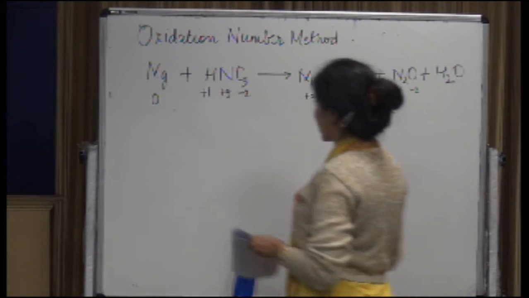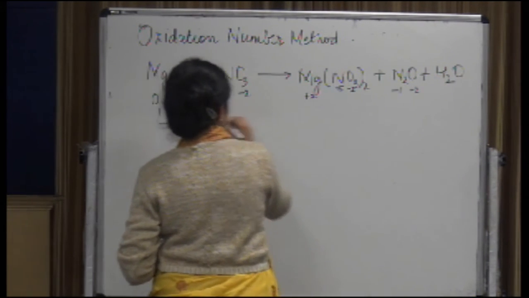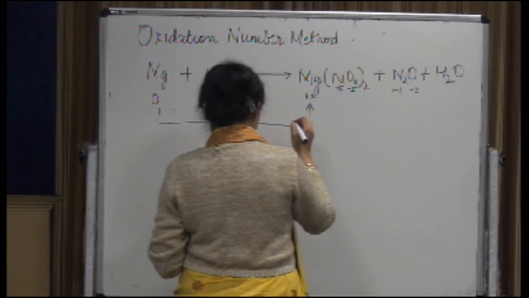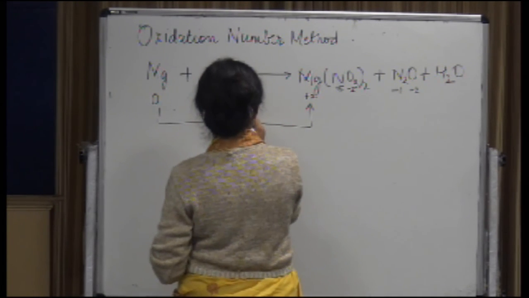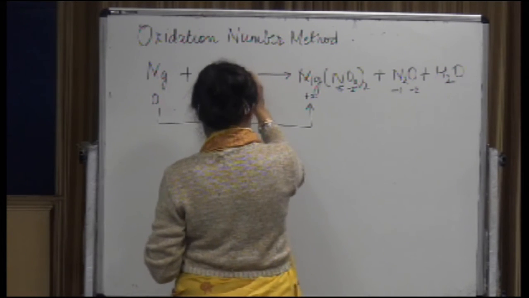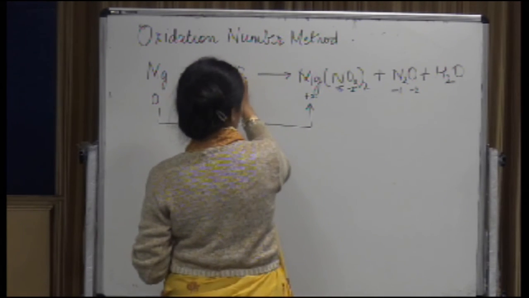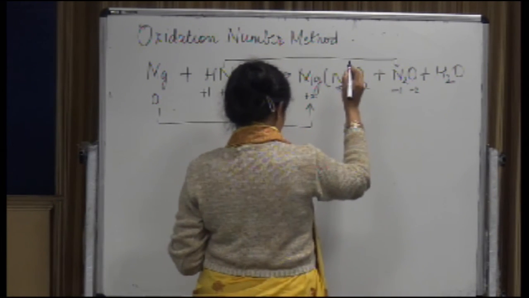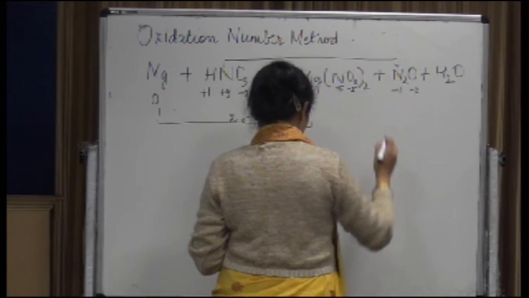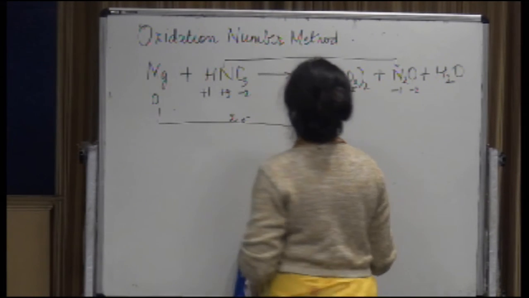Alright, let's check out the change in the oxidation state. What is the change here? It is changing from 0 to 2, so that's 2 electrons. And your nitrogen is changing from plus 5 to plus 1.